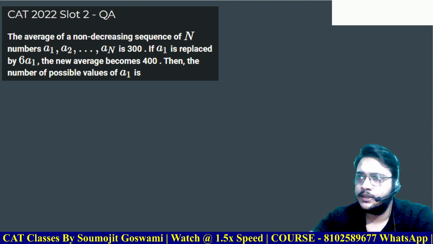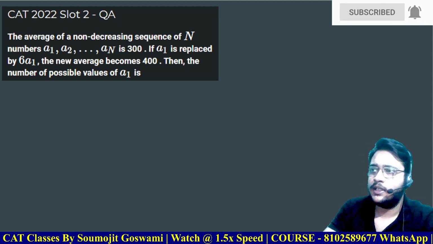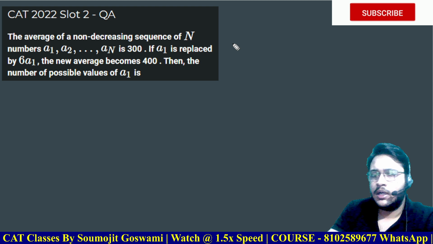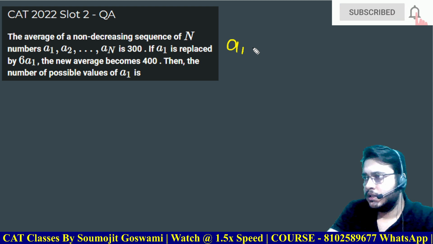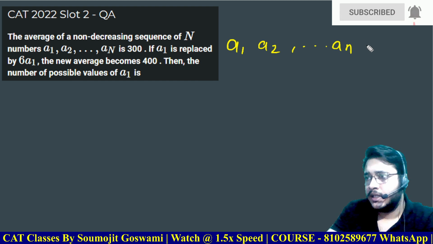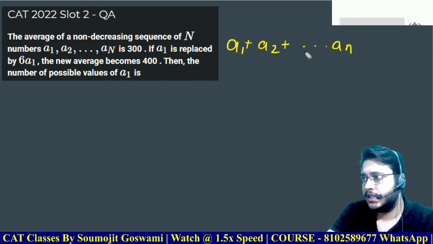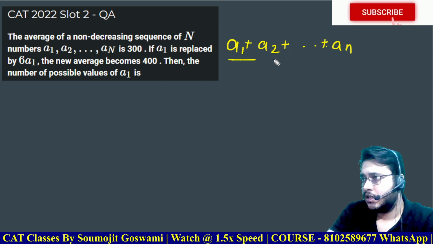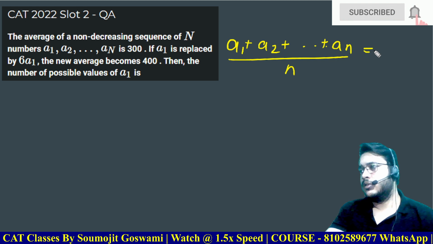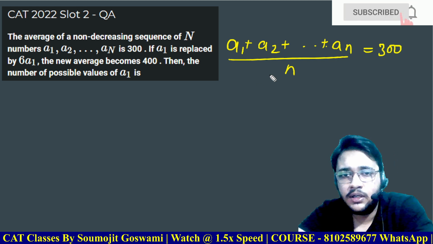Says the average of a non-decreasing sequence of n numbers a1, a2, all the way till an, and this average, a1 plus a2, now if I write this like this, is equal to 300. Okay, this is a non-decreasing sequence.